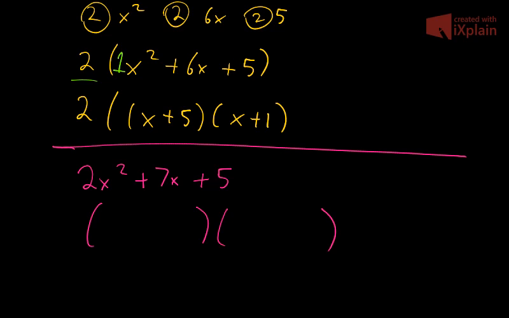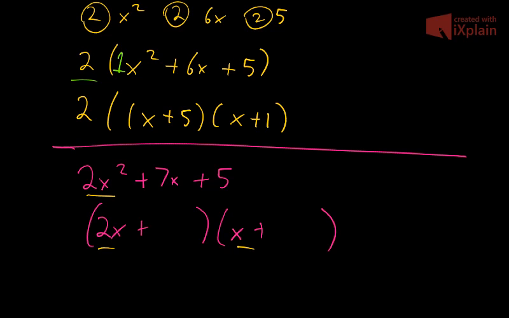I can't pull a 2 out because these numbers are both odd, which makes my life a little more difficult. So I can't pull a 2 out. I have to make this 2x squared inside of my parentheses. So that has to be in here somewhere. And the only way I can do that is if I have a 2x and an x. So the only way to get to 2x squared would be with a 2x times x. That's 2x squared.